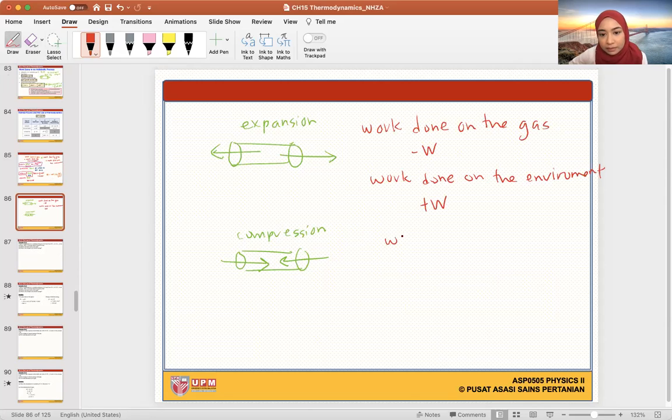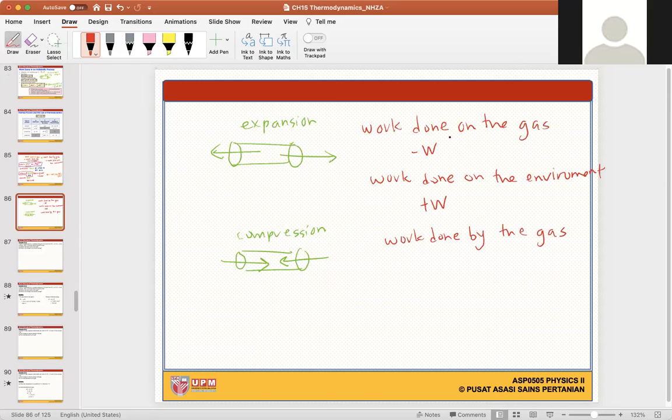Work done by the gas, can you guess? Is it positive or negative? Positive, because I said work done on the gas is negative, which means that work done by the gas is positive. The gas is doing work. Okay, so that is for expansion.